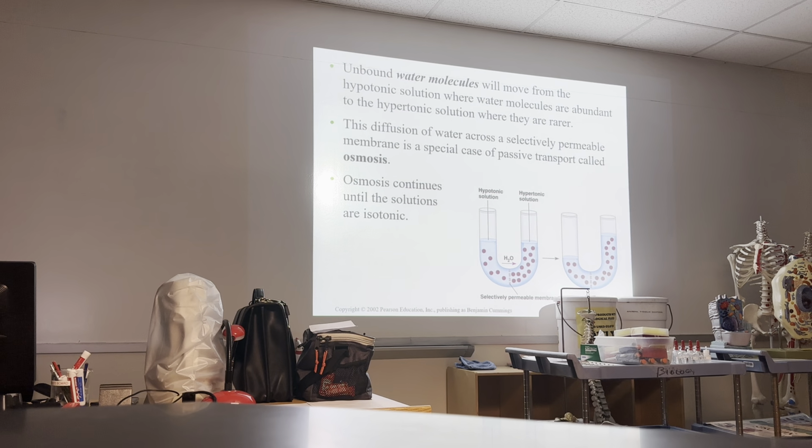What is unbound water molecule will move from the hypotonic solution? What is hypotonic? Very, very little amount of solute, where the water molecules are abundant. Hypertonic solution, what is this? More solute, and where water molecules are rare. So this diffusion of water across a selectively permeable membrane is a special case of passive transport called osmosis.